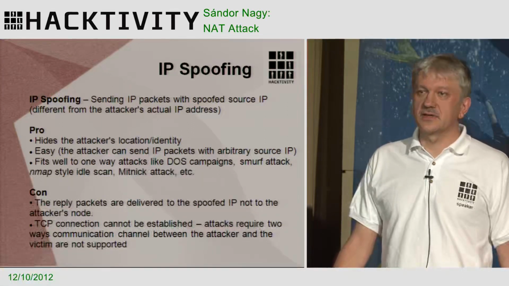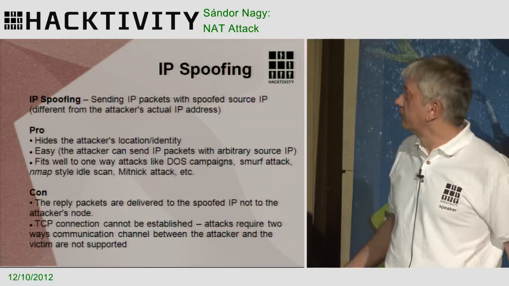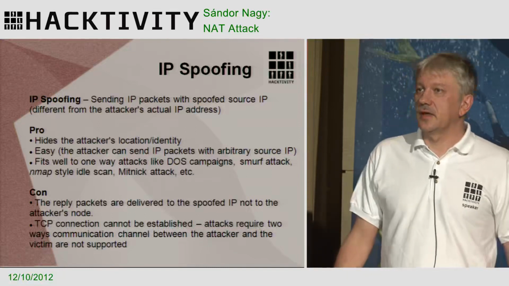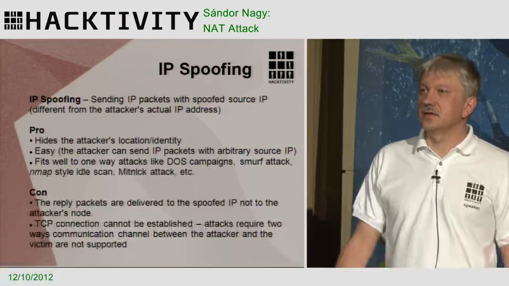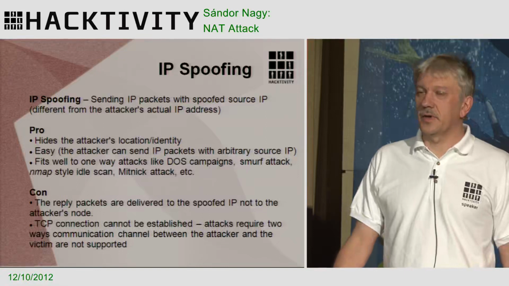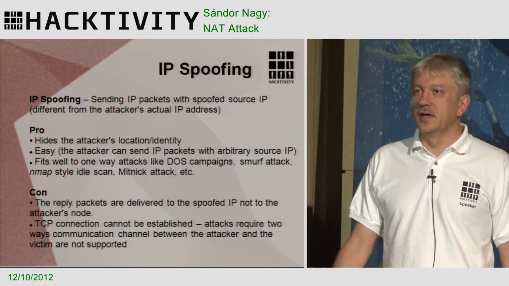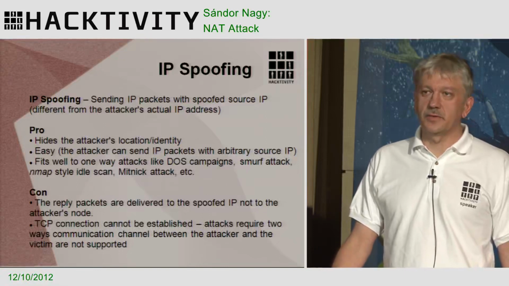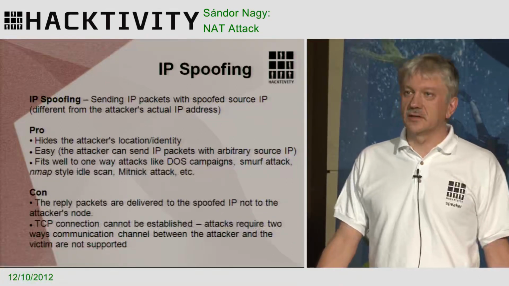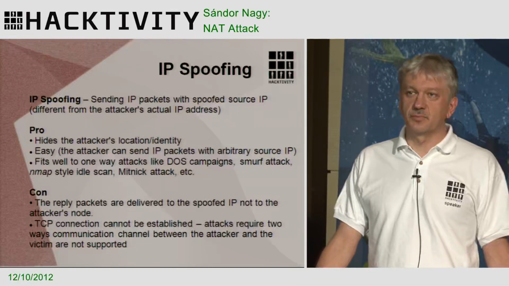The problem is that when the target, when the other end replies to the received packets, the reply packets are sent out to the spoofed IP. So the reply packets are delivered to the node that actually owns the spoofed IP, not to the attacker.